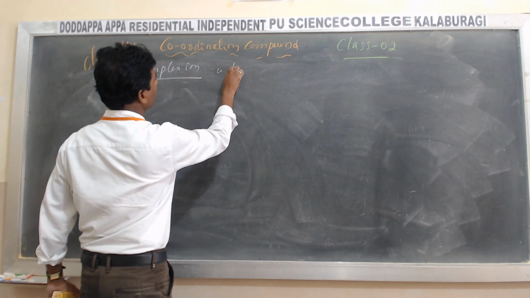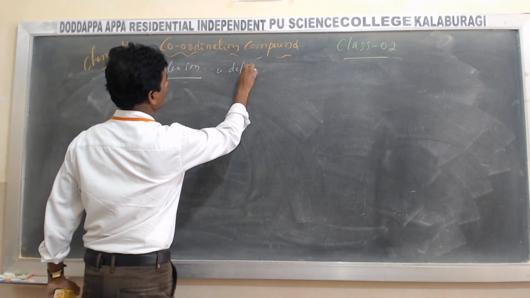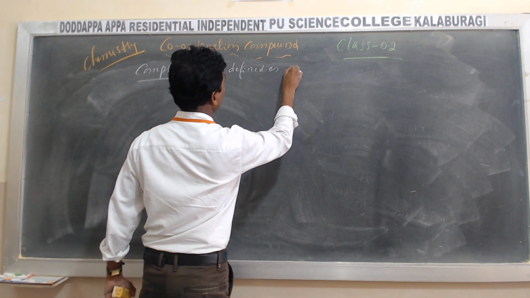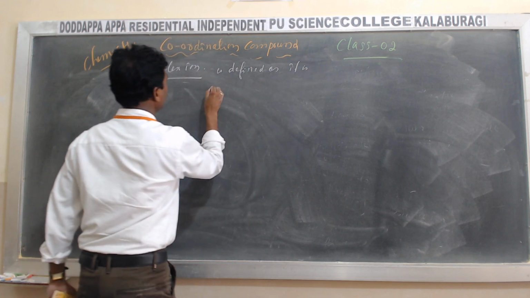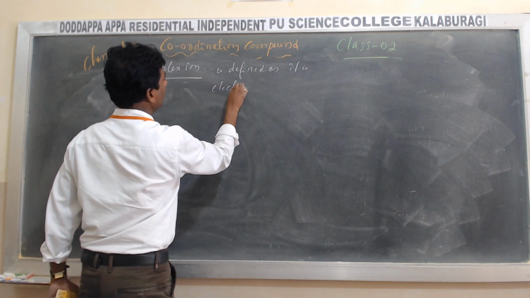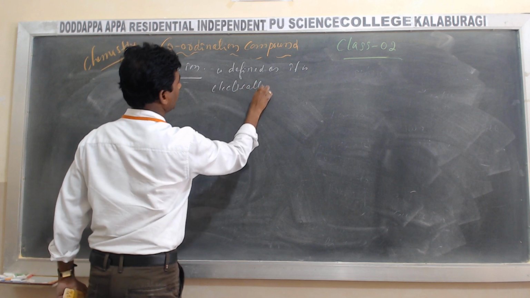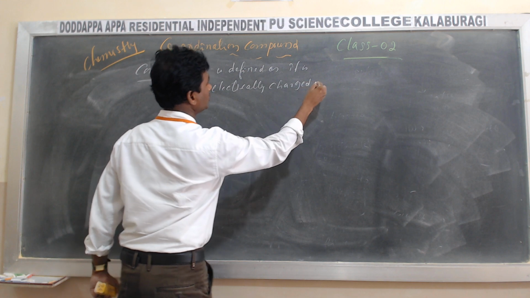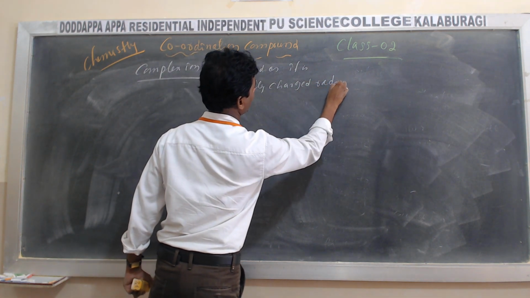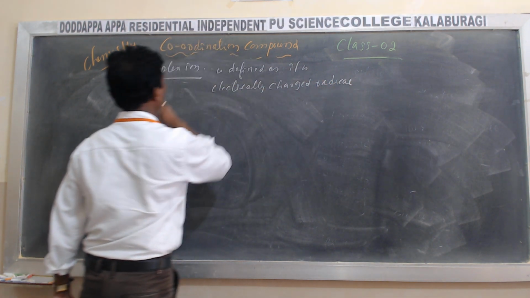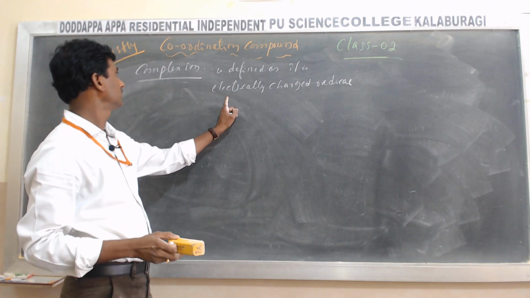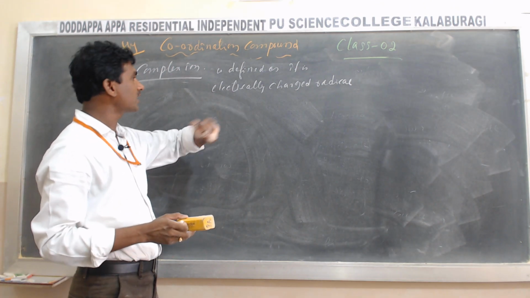Complex ion is defined as an electrically charged radical.